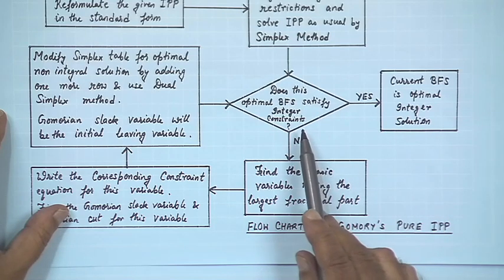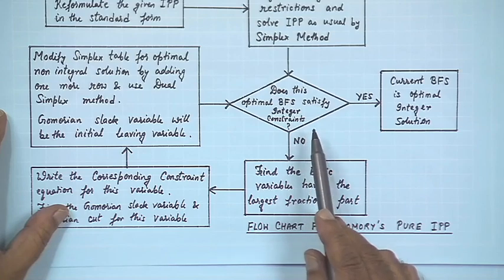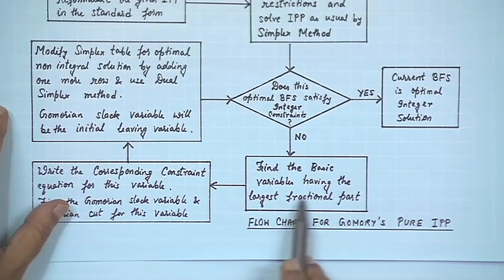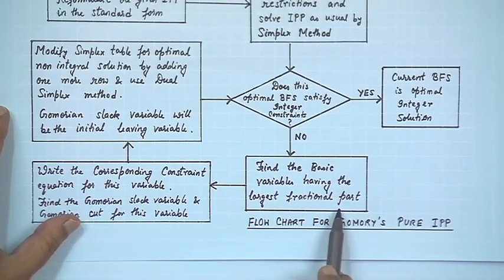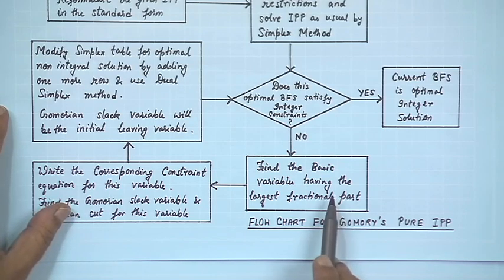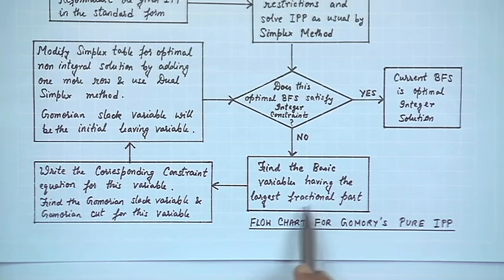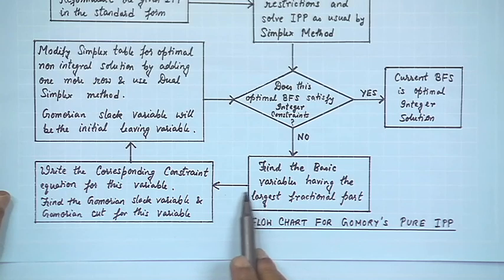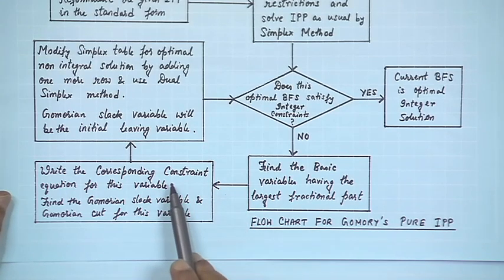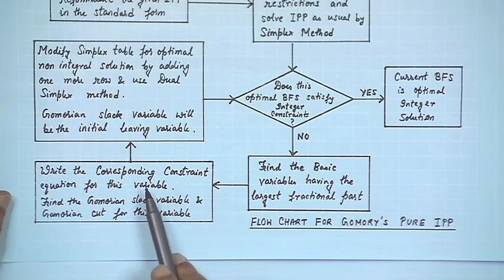Now, if the current optimal BFS does not satisfy the integer constraint, then find the basic variable having the largest fractional part. Please note this one. Once you have obtained the largest fractional part, use the corresponding Gomorian constraint equation for this variable, which I have written.